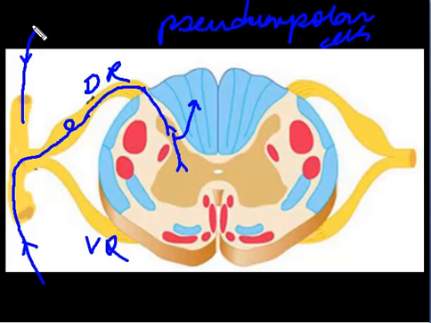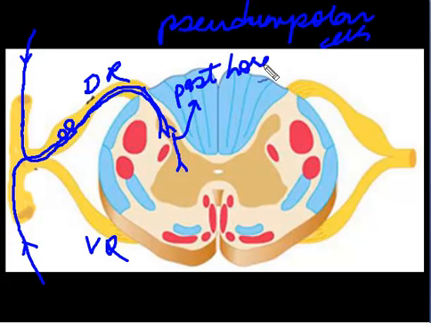The dorsal ramus supplies the back of the body. So from the back of the body, sensory or afferent impulses come in, get into the spinal nerve. Again, they enter the dorsal root. So all afferent impulses enter the dorsal root and then enter this part, which is the posterior horn of gray matter. So afferent impulses will travel, as you can see, in the dorsal root.